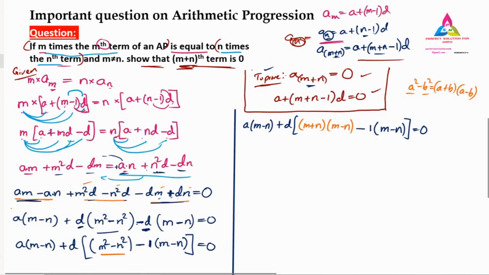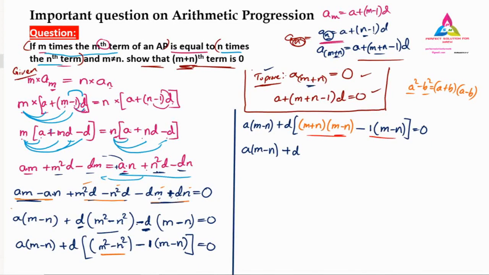Now again, just have a glance over here. The first part is similar: a into (m minus n) as it is, there will be no change, plus d, also no change. Now we will go inside that bracket. Here you can see we have m minus n, that is one term, and this is one term.